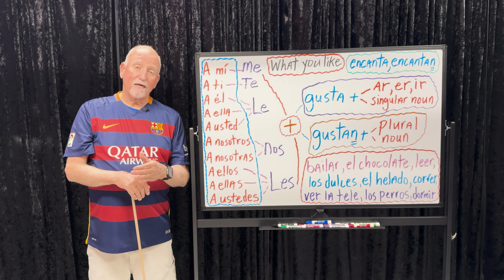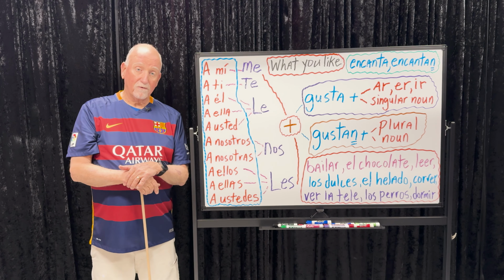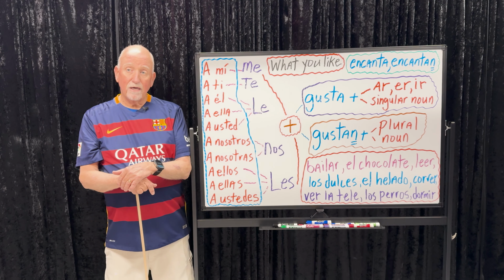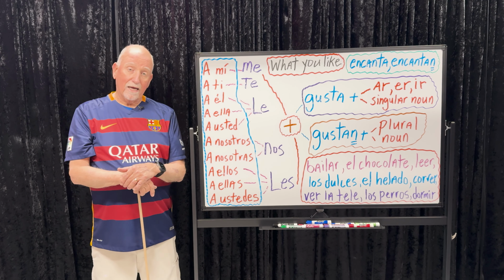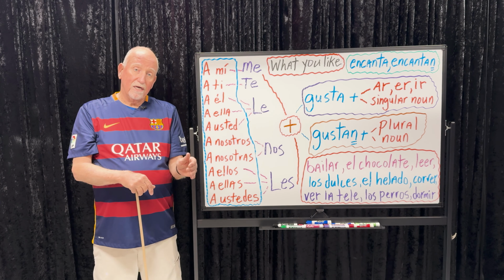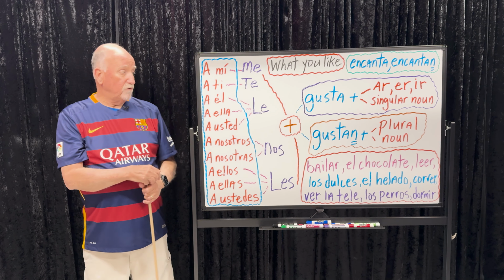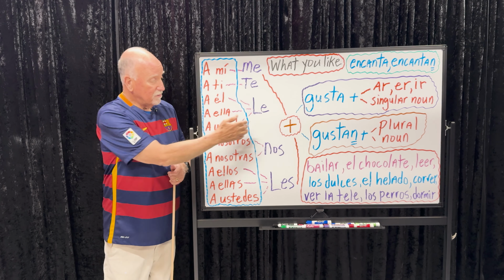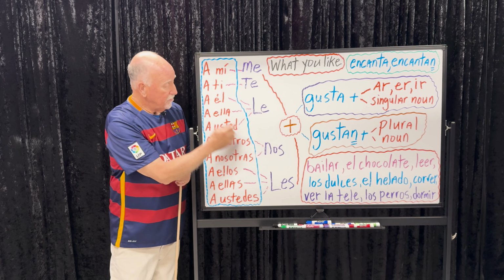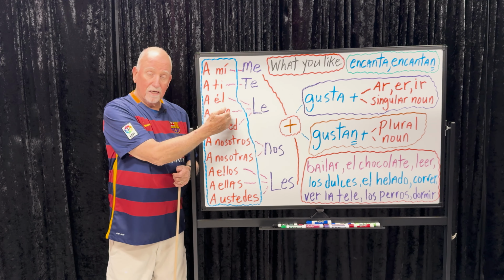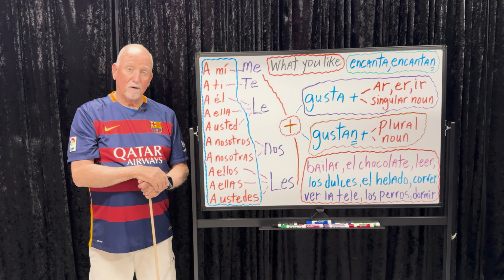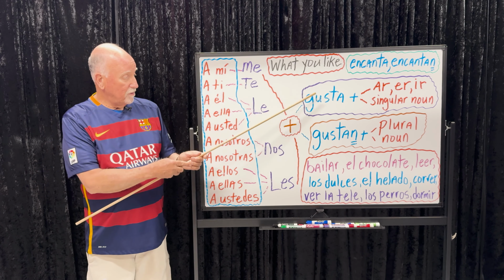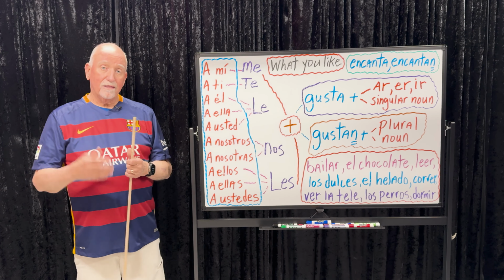Mrs. Franklin likes, a la señora Franklin le. The students like, a los estudiantes les. So if you're going to state who likes something, especially when using le or les, you're going to use the a phrase and then plug in whoever that person may or may not be. Okay? Step 2, mandatory. Step 3, mandatory. All right, I think we're good.